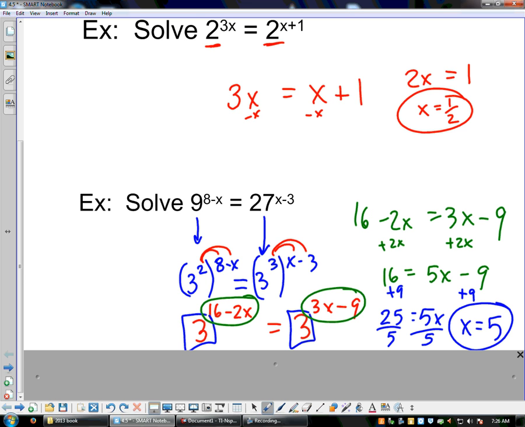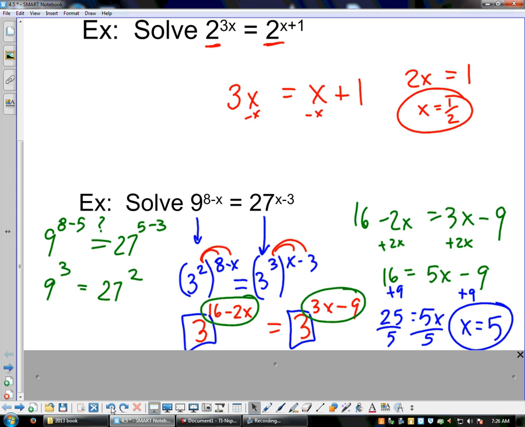All right. As a way of just checking this quickly, if we plug in 5, I would get 9 raised to the 8 minus 5. Is that equal to 27 to the 5 minus 3? Let's check that. That would be 9 cubed. Is that equal to 27 squared? Well, let's check it on our calculator.